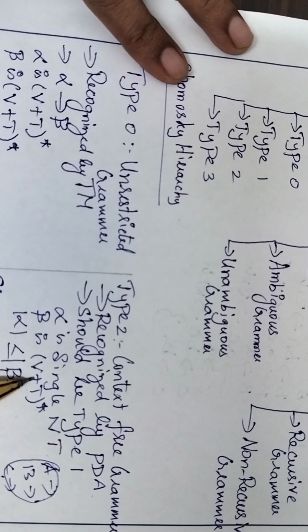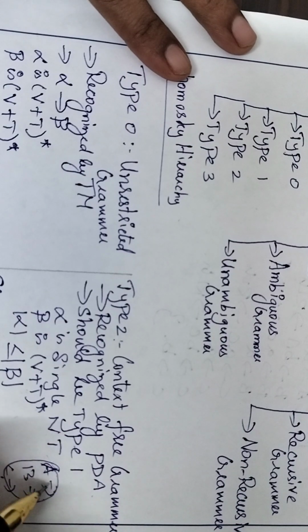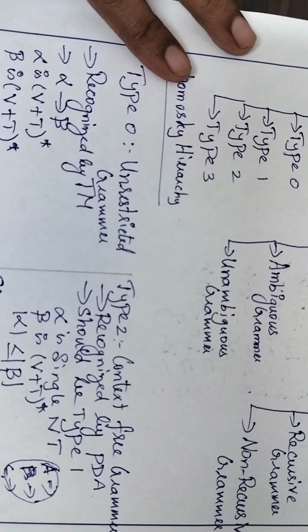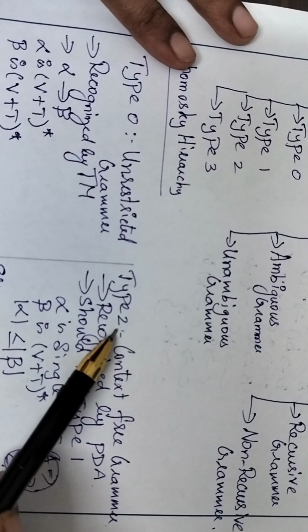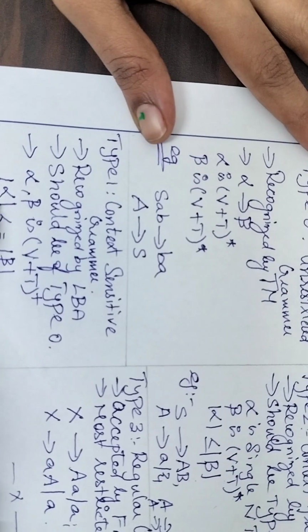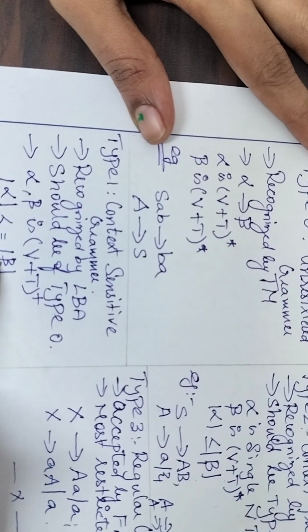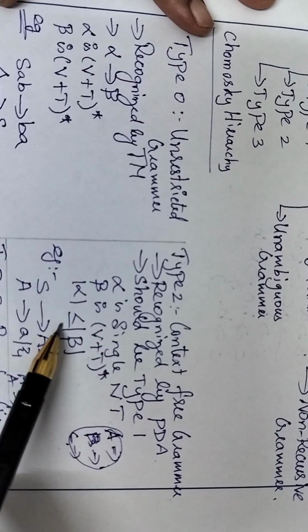Here in the alpha, you have to make sure that alpha has only a single non-terminal, either A or B or C or D, whatever the capital letter is, on the left-hand side. I also told you type 2 should be of type 1. In type 1 we already have the rule that the count of alpha should be less than or equal to the count of beta, so type 2 also should follow that.